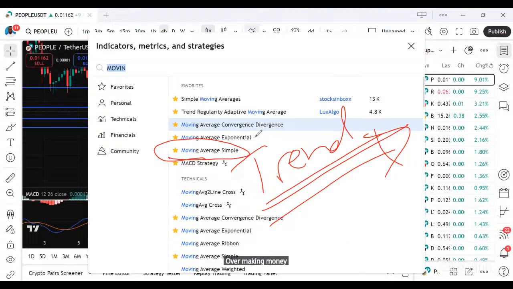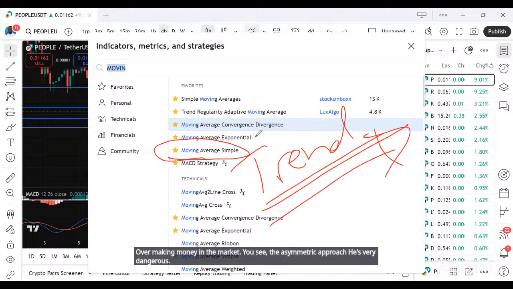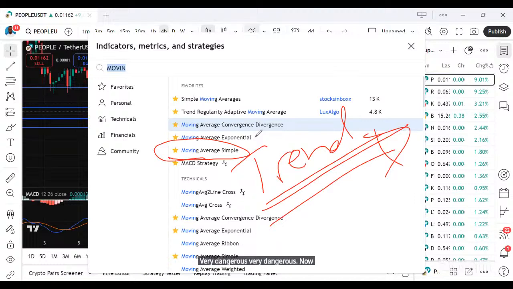Now let's go to exponential moving averages.